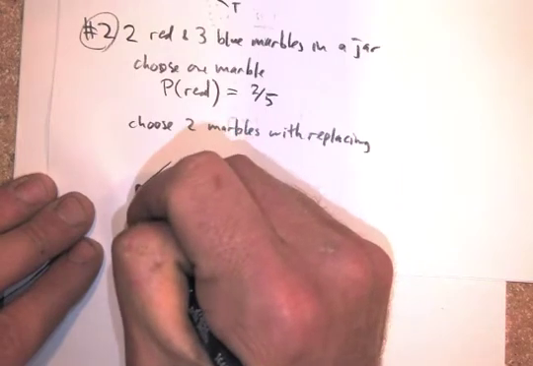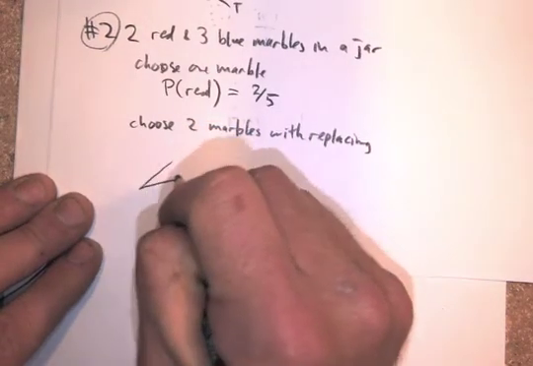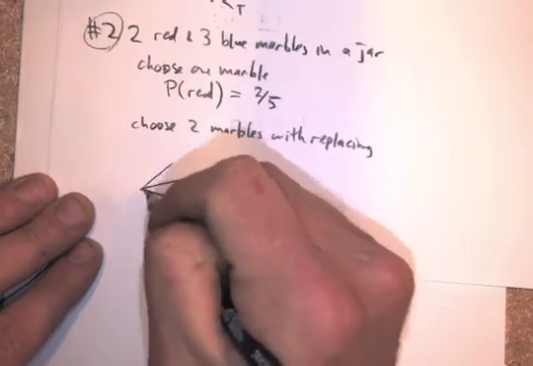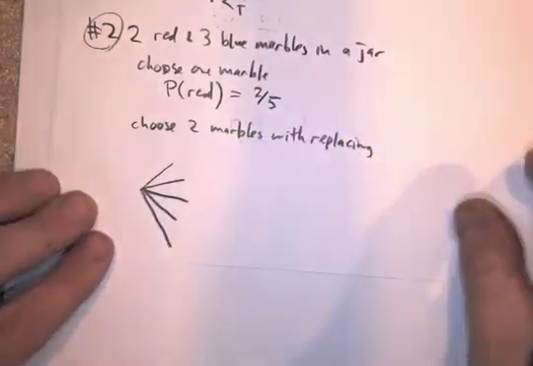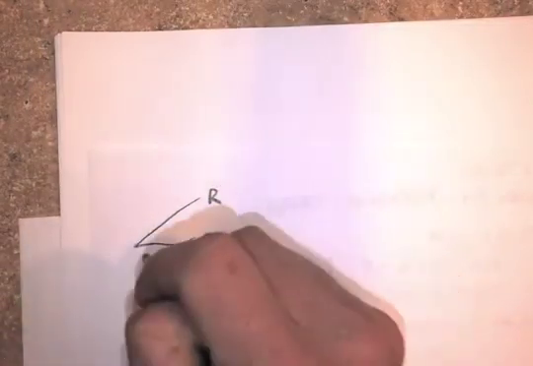The tree is a little more complicated. It's actually going to have 5 branches. Oh boy, might not be able to fit it on here. I'm going to go to the back, guys. So we've got 5 choices. We've got 2 reds and 3 blues. I'd like you to draw it like this. 2 reds, 3 blues.